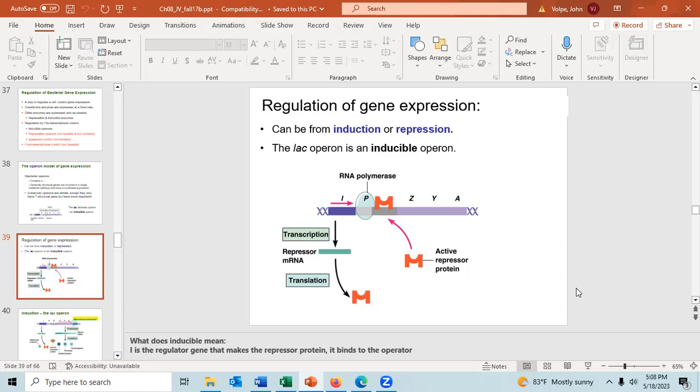And that's why we call it an inducible operon. A repressible operon is where the gene is normally turned on, but it can be turned off, and you use repression to turn it off. Any question about that?